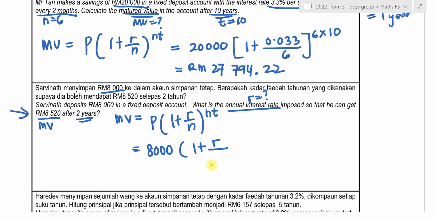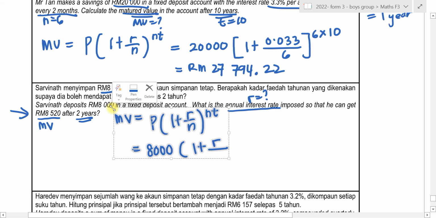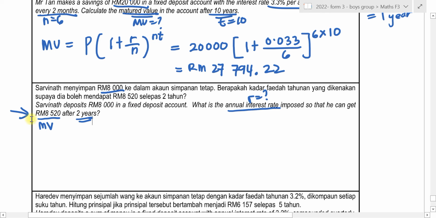So that means this question is not a compounded interest question. Beware. Rather, it's a simple interest question. They never use the word compounded yearly or anything like that, so this is not that kind of question. Okay, we use the simple interest formula.